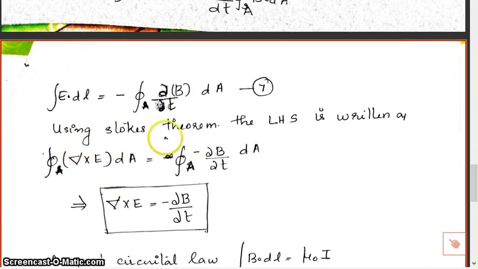Now using Stokes theorem, you can write the left hand side of equation 7 as the closed area integral del cross E dA.